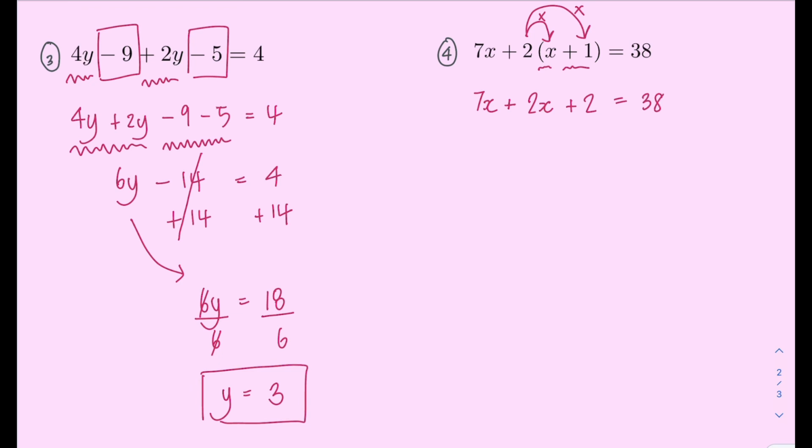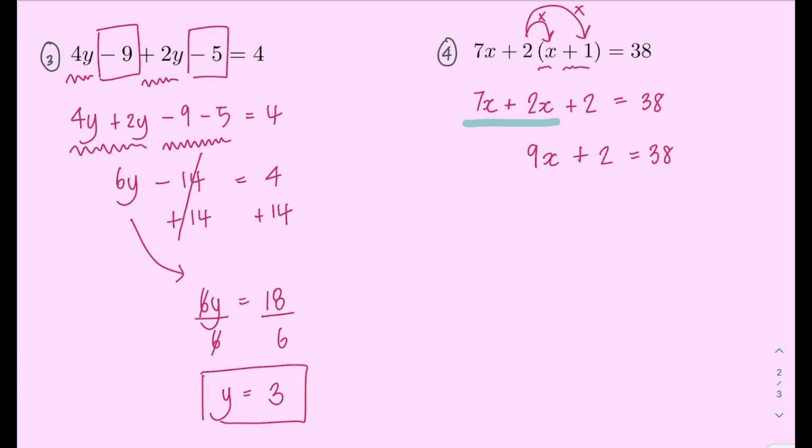Let's collect the like terms. We have 7x plus 2x, so that equals to 9x plus 2 equals to 38. We need to isolate the x, and for us to do that, we first need to get rid of the plus 2.